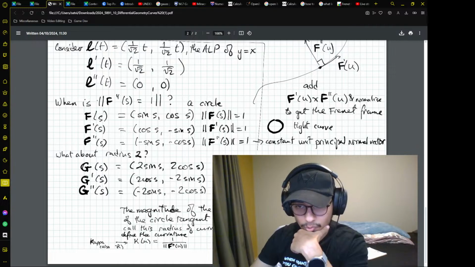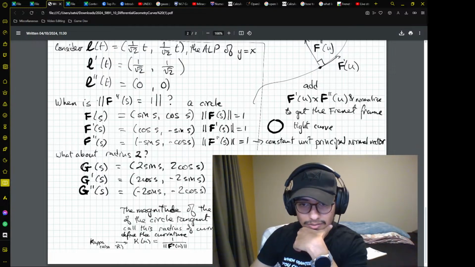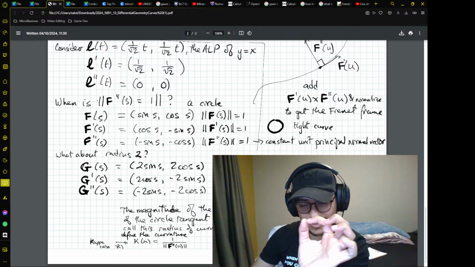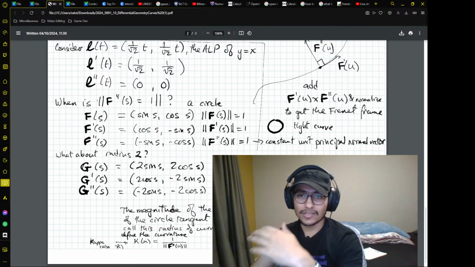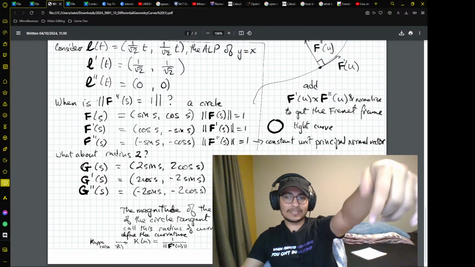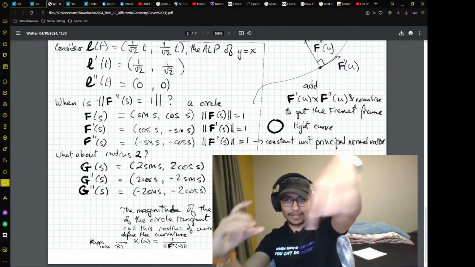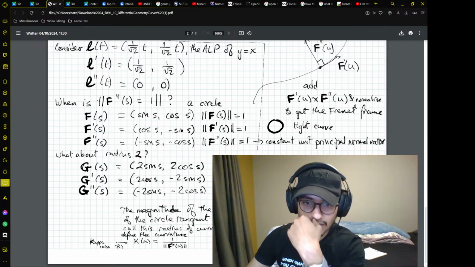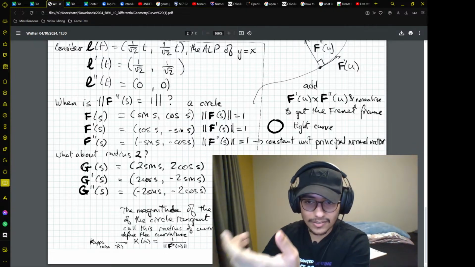So at any given point, if you create a circle which is tangent to the curve, such that the magnitude of the principal normal vector is the radius of that circle, well, you can fit a circle there.